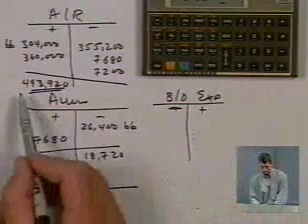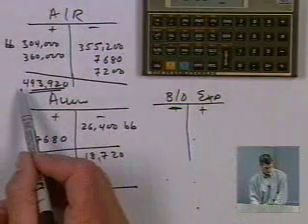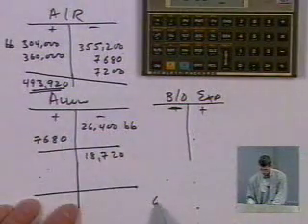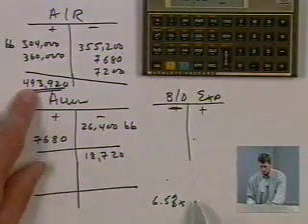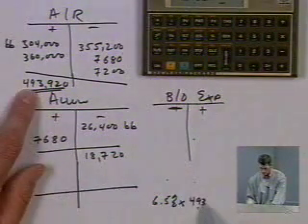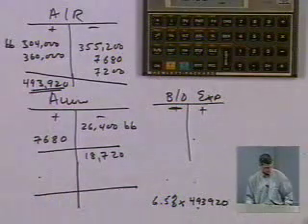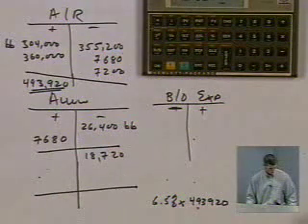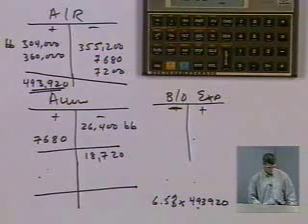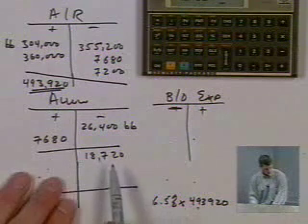And the ending balance should be 6.5%. So it's 6.5% times 493,920.